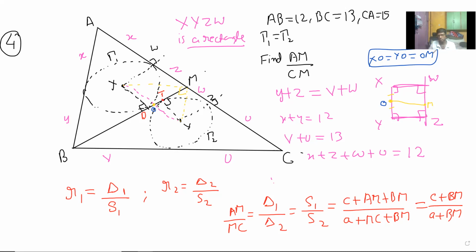Might be a connection, but anyways, we observed these things, but I do not know how to use this.